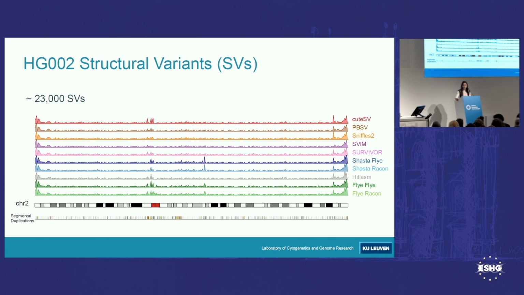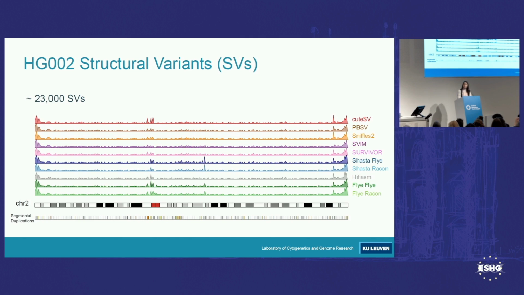And I represented it here. You can see I represented here the ideogram of chromosome 2 as well as the UCSC segmental duplication track. And then all the colors here represent the density of the structural variant calls that we have detected using either mapping technologies and then one tool such as cuteSV or Sniffles2, or genome assembly and again structural variant calling.